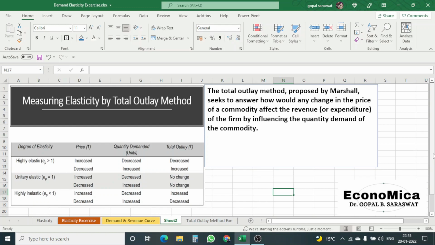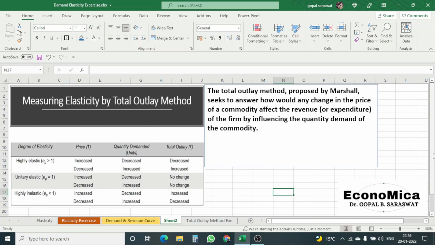Similarly, if you decrease the price, quantity demand increases but there is a decrease in total outlay. So we can conclude from Marshall's total outlay method that highly elastic and highly inelastic products are contradictory to each other, or you can say they propose opposite things.